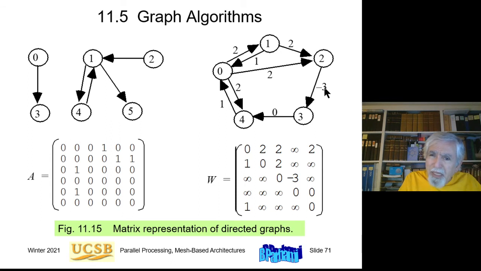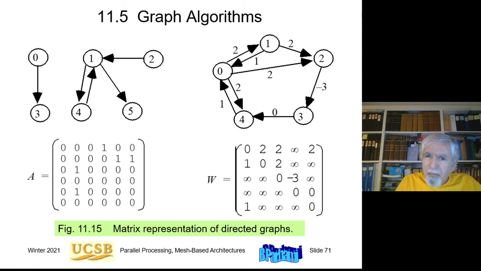Now, negative weights in the context of roads or distances don't make sense, but there are contexts in which negative weights do make sense. So for generality, I've shown a negative weight in this graph. In most practical problems, the weights are non-negative.